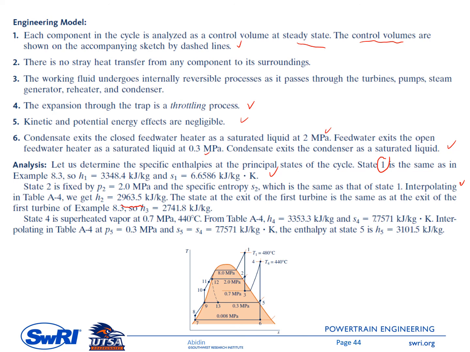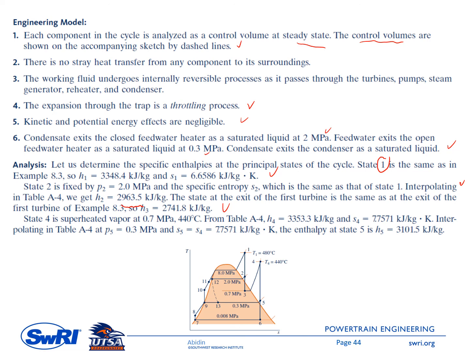And then the state at the exit of the first turbine is the same as at the exit of the first turbine of example 8.3. So for state number 3 here, you can get the number from the previous example. H3 here is 2741.8 kilojoule per kilogram. And then state number 4, pressure is given, temperature is given, and you can check with either table A2 or A3 whether it is superheated or inside the dome.